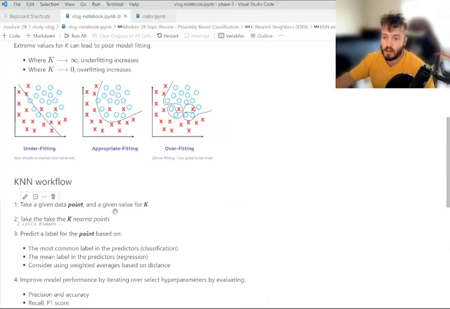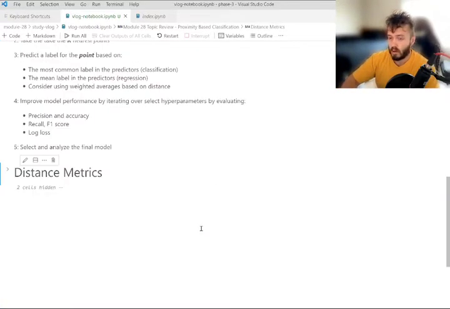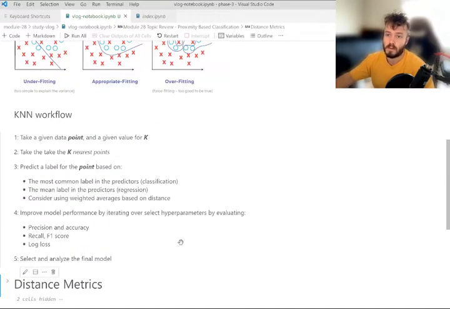So the general workflow for optimizing a KNN classifier: you take a given data point and a given value for k. This is generally how the algorithm flows. This isn't how you would code it or build it necessarily. But anyway, take a given data point and a given value for k.